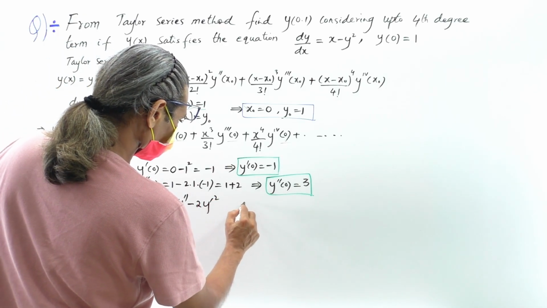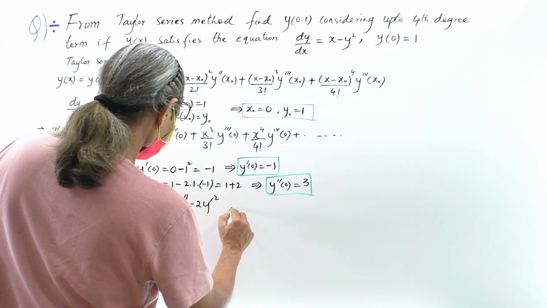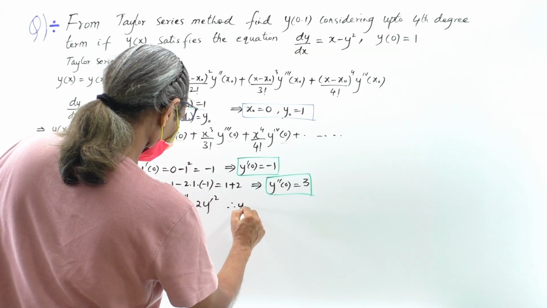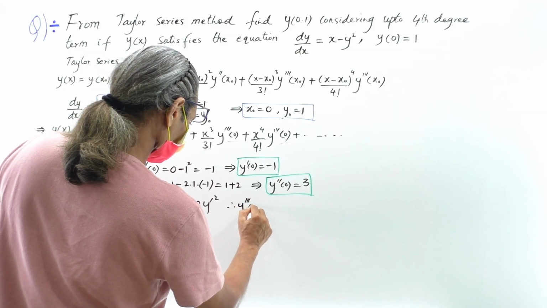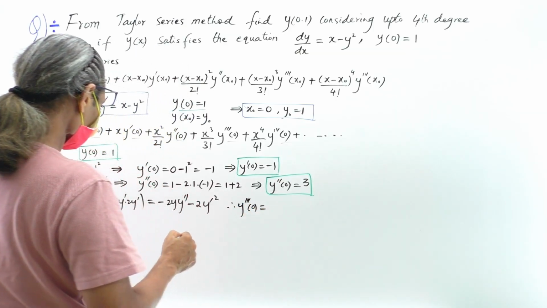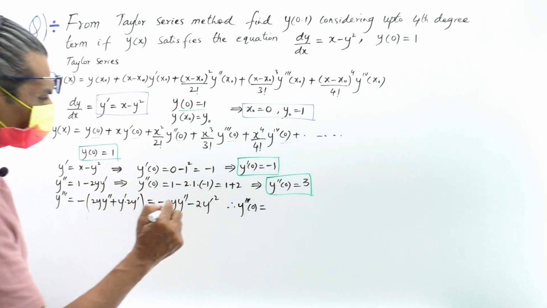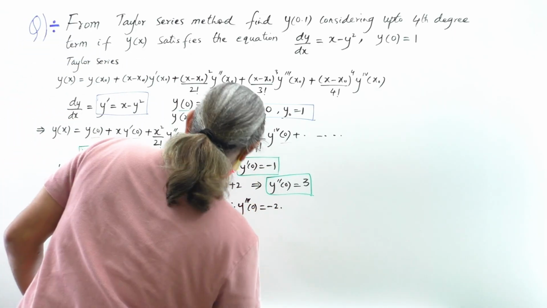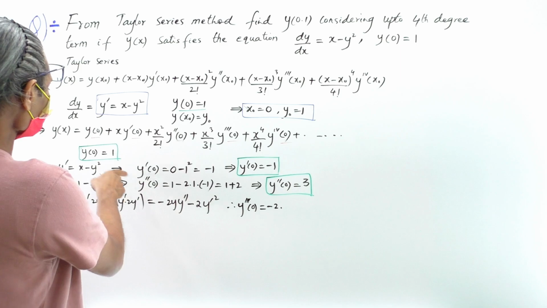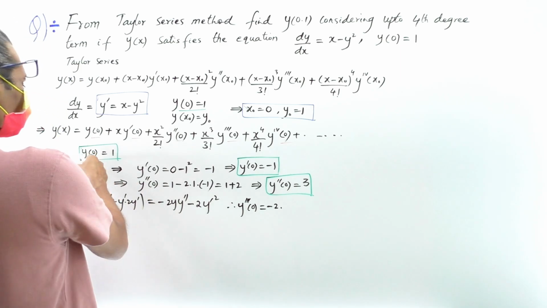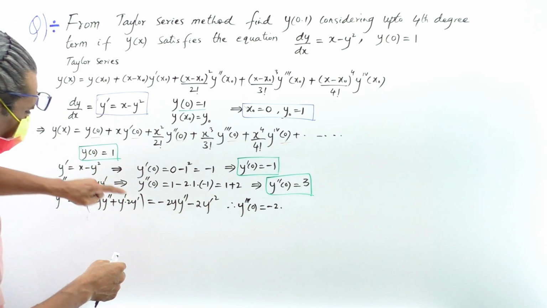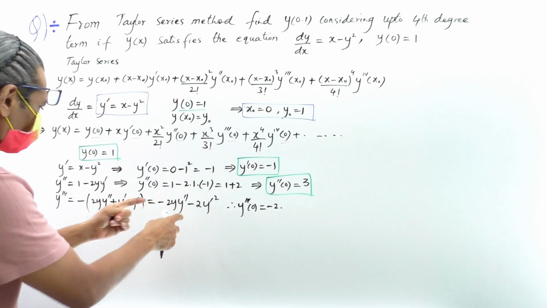So therefore we have y triple dash of 0 is equal to, put the values here: minus 2 into y of 0, and y of 0 is 1, so y is equal to 1.